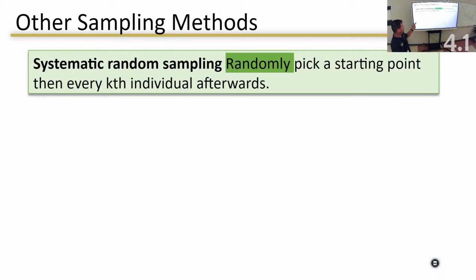Every 10th one, every 12th one, every 5th one, whatever number you decide to choose, okay? So you randomly pick a starting point. Y'all good? Everything work out okay? Good. Randomly pick a starting point and then go every whatever you decide.